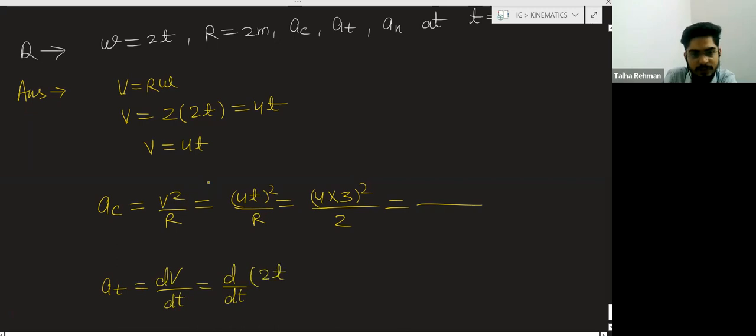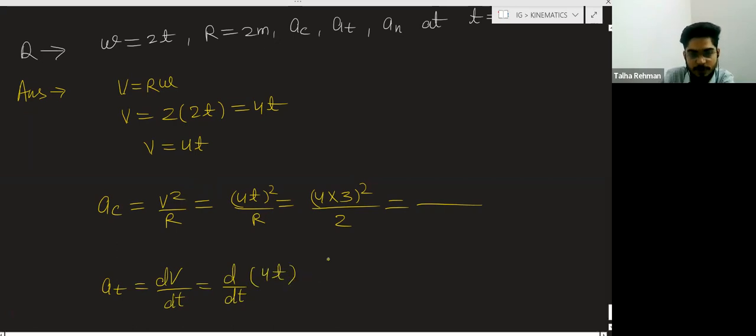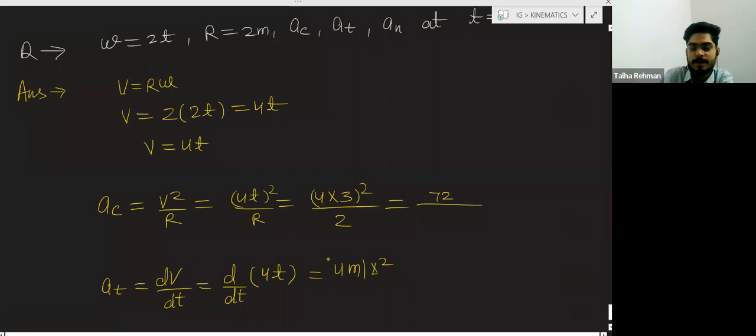This is not 2t, this is 4t. This will become 4t because we will put the value of the velocity 4t. So what will be your tangential acceleration? 4 meter per second square. Okay, the centripetal acceleration, 144 by 2, will become 72 meter per second square.